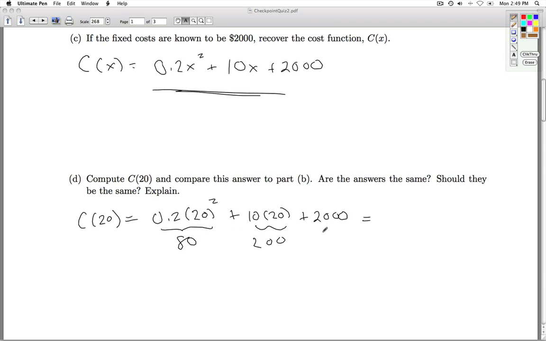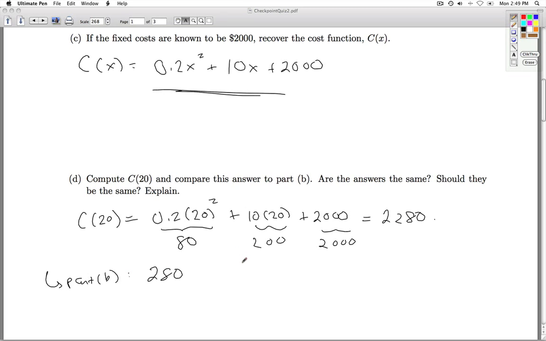Plus 200 plus 2,000. That's 280 plus 2,000 is 2,280. Now the answer to part B was just 280. Are these answers the same? No. They're off by $2,000.